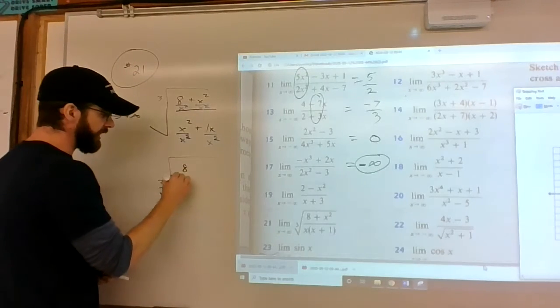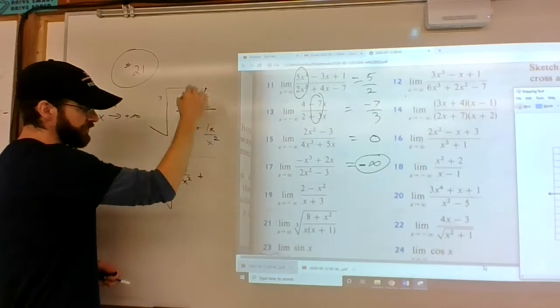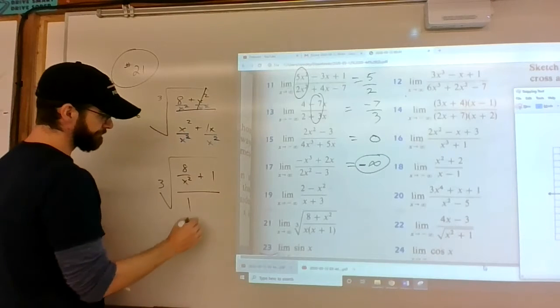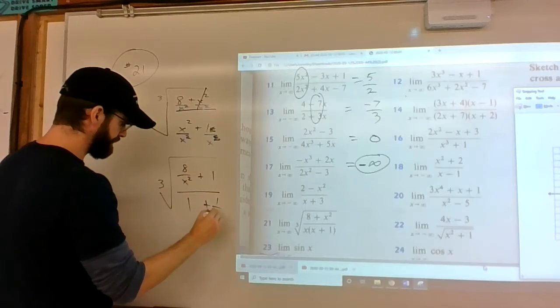So you got 8 over x squared here, plus x squared divided by x squared is 1 on both the top and the bottom. And then this would be 1 over x.